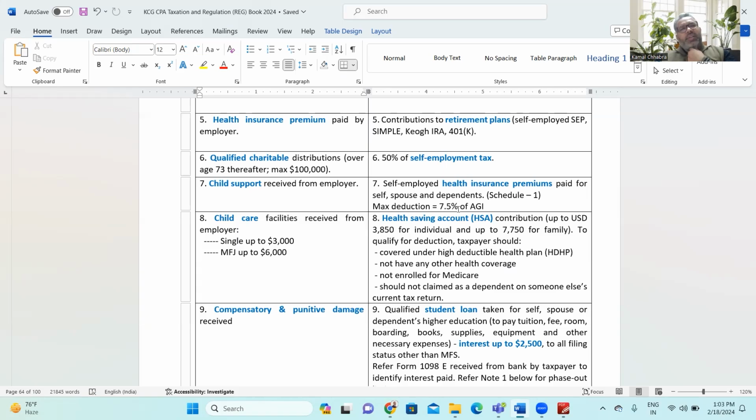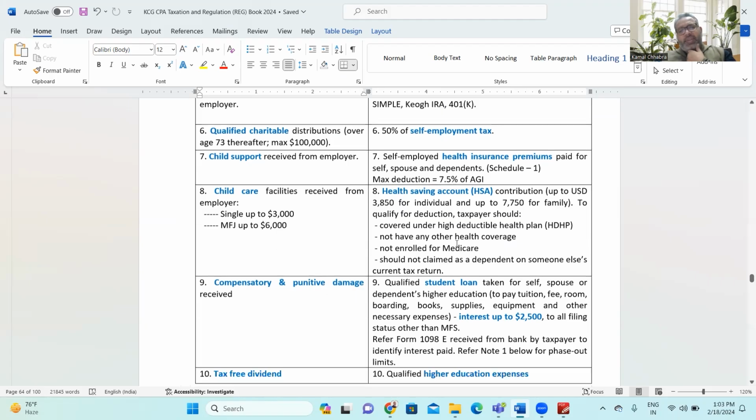On the other side, this is also available for itemized deduction. So this is something optional. Either you can choose this as an exclusion over here, or you can choose it in the itemized deduction. The limits remain the same, 7.5% of AGI.